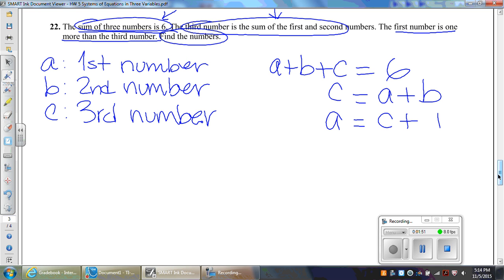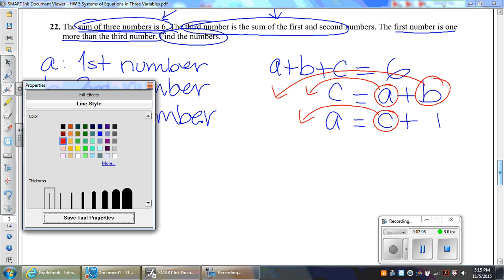However, before you solve the system with a matrix, you have to make sure that all of your variables are on the left side. So in this case, I could take positive A across, positive B across, and do the same thing here with C. So my new system is going to look like this.